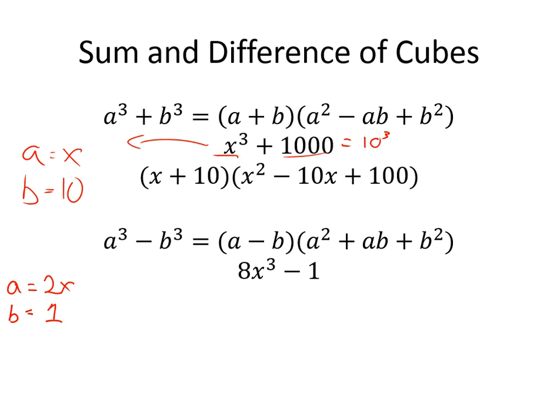Okay? And then if you cube 2x, you get 8x cubed. And so then from there, you just plug into those parts and then simplify, and you see what you get. Right. Now if we were to FOIL these, we would get back up into that one.